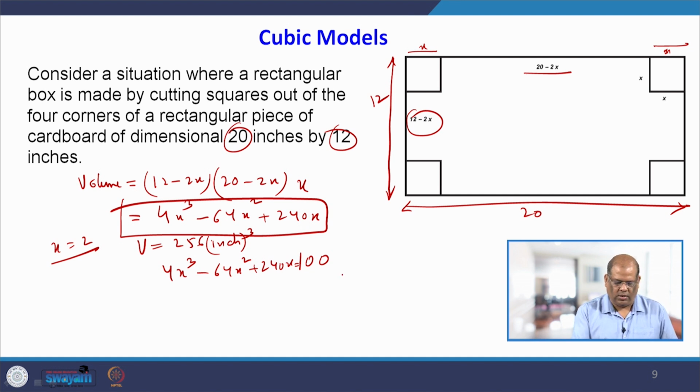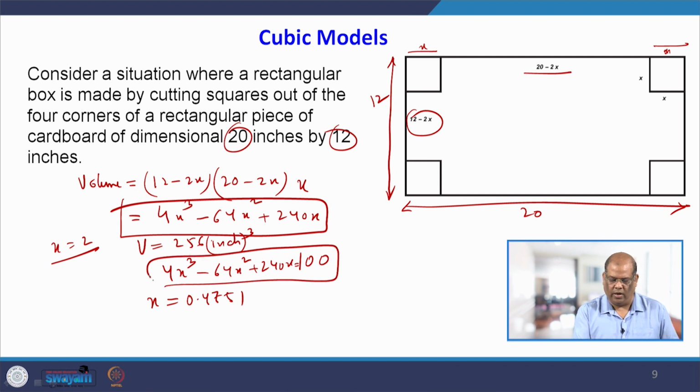If you solve this, you will get this value to be 0.4751. So, the question is how you will solve this, where you have already done Microsoft Excel, where we have seen how to find the root of this algebraic equation. So, you can use that method to get the roots of this particular algebraic equation.